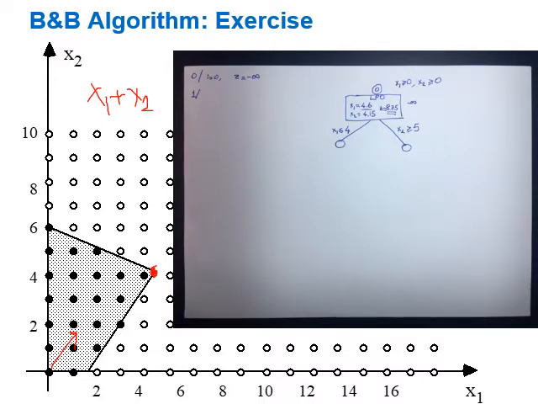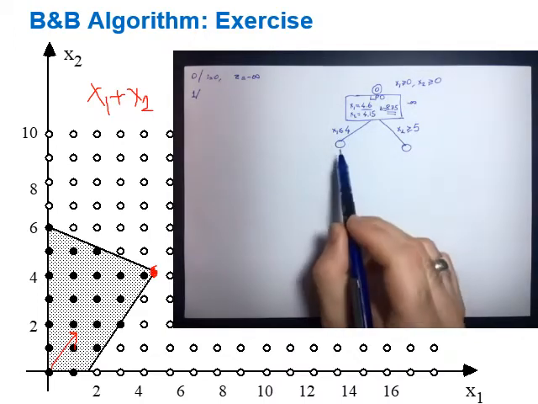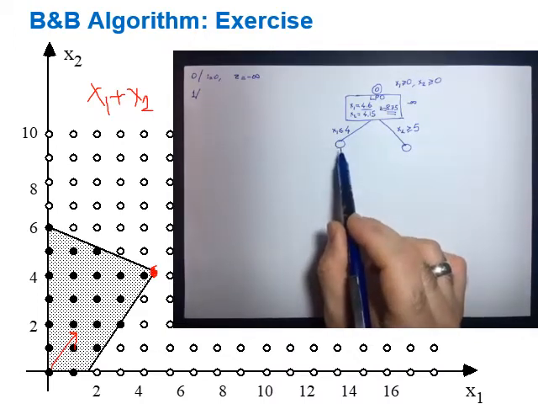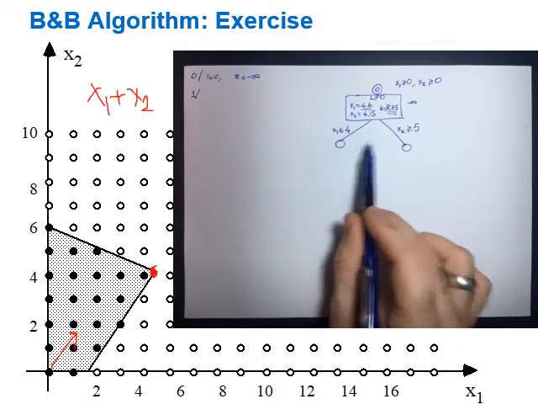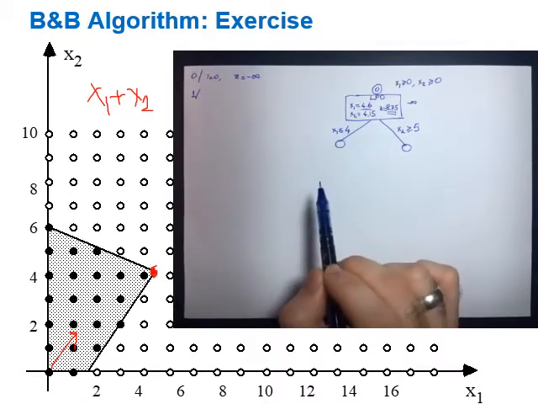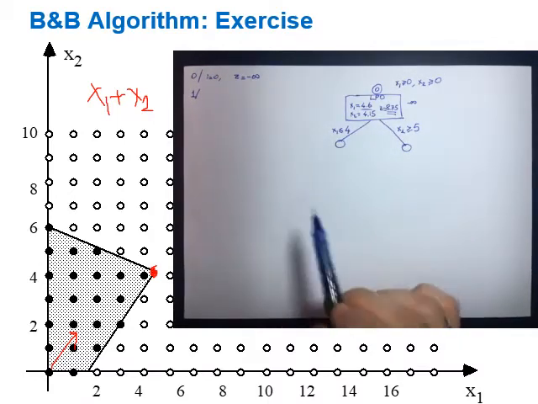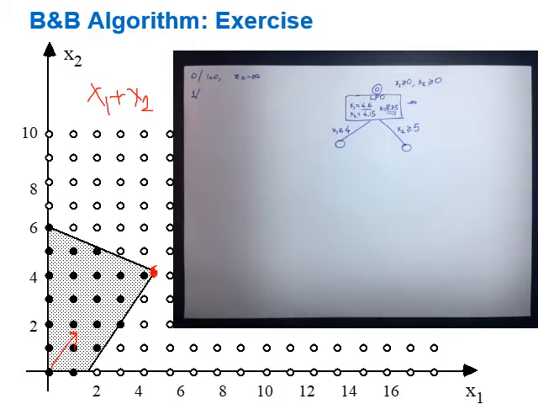Sometimes they say to go from the side which adds a constraint with less than or equal to. In that case, you select this one. But depending on which one you select, the final solution does not change. You find the same optimal objective function value, but the length of the procedure changes. It may be longer.